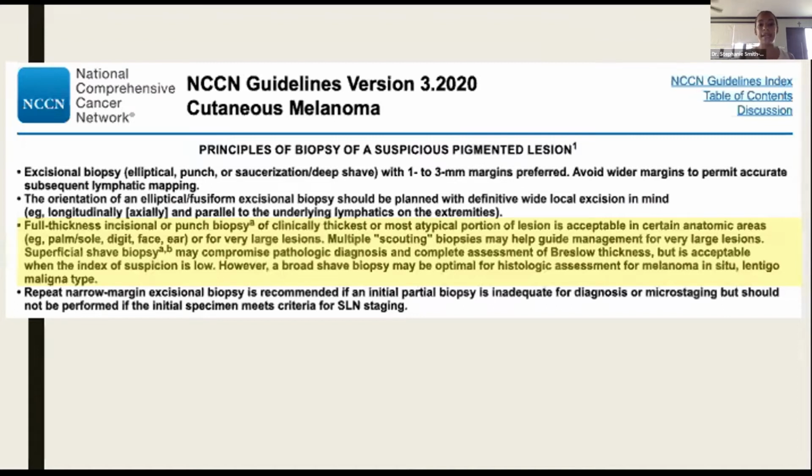Now, they do state that if your suspicion is very low, so let's say you went back to your BRAF algorithm, you saw a parallel furrowed pattern, but your patient came to you saying, you know, doc, this lesion is increasing in size, but clinically your suspicion is very low, they do say that a broad shave biopsy may be adequate for histologic assessment, and these can confirm for you that your diagnosis is a melanocytic nevi or even a melanoma in situ.